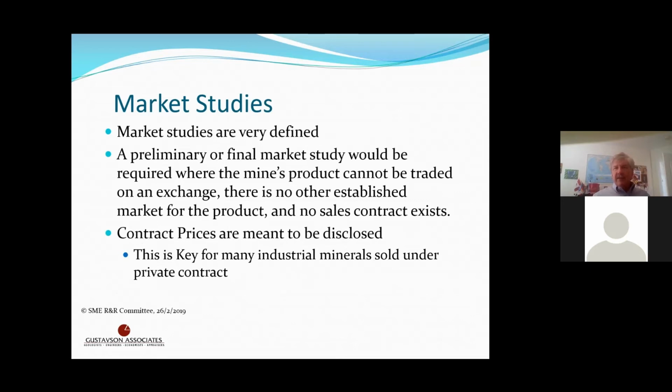Point 2, market studies. Under the SEC, under SK 1300, the market studies are very well defined. For publicly traded minerals and metals, gold, silver, copper, lead, zinc, with active commodities markets, it's not so hard as it has not been.